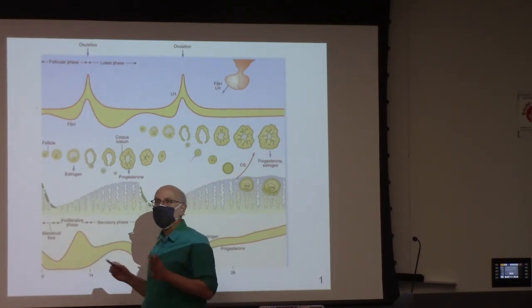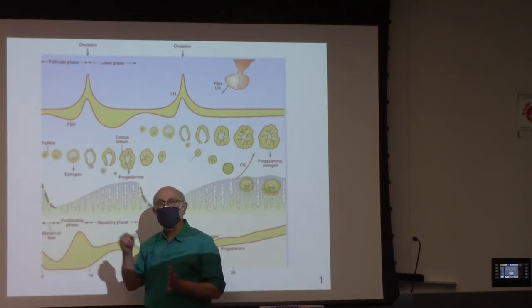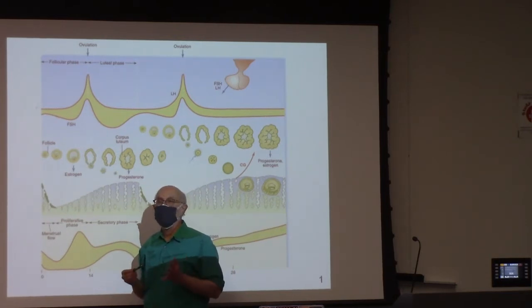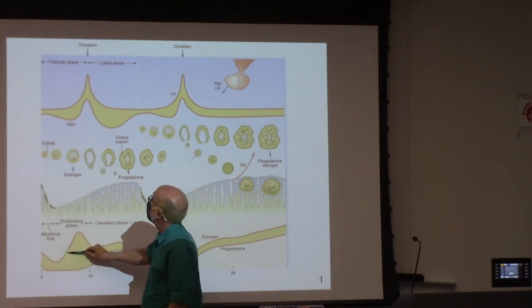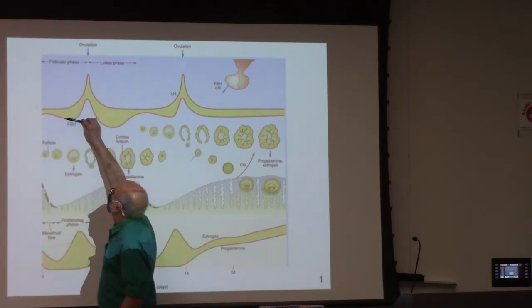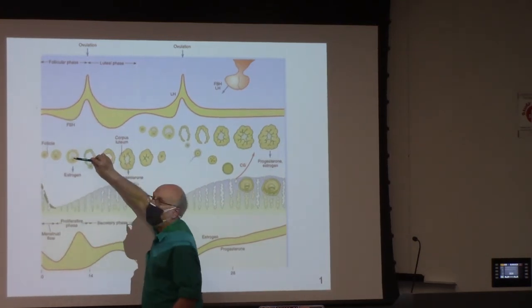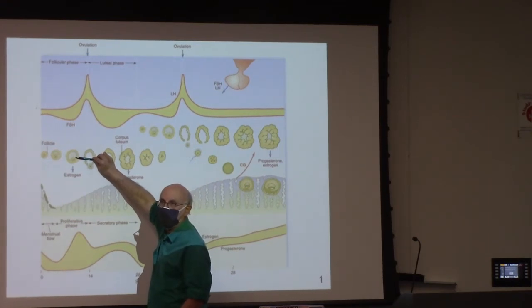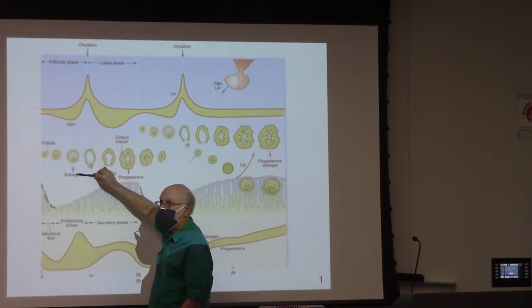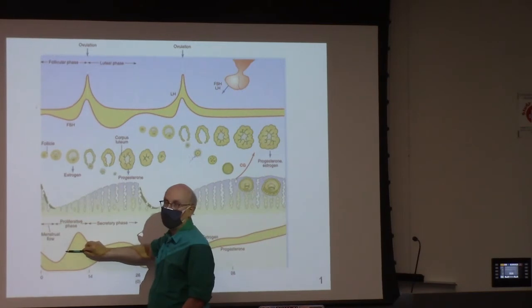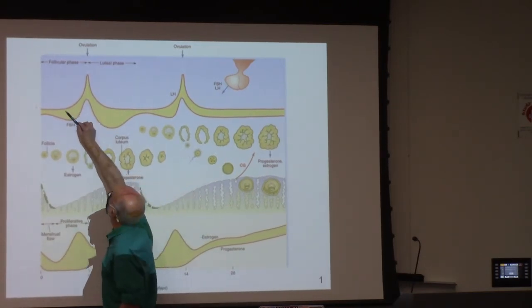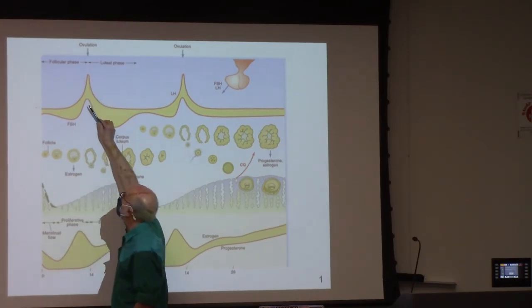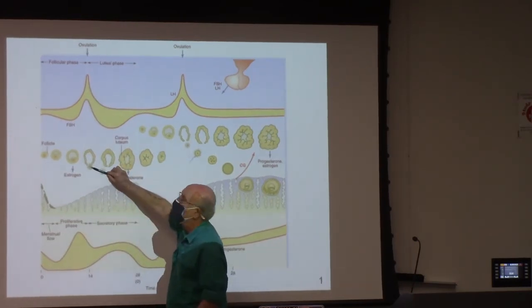So the time scale is completely different, but the positive feedback is analogous. More estrogen, more FSH and LH, more development and more conversion to estrogen, more estrogen. Positive feedback until we get to the point where the LH and the FSH actually surge, and that's the trigger for ovulation.